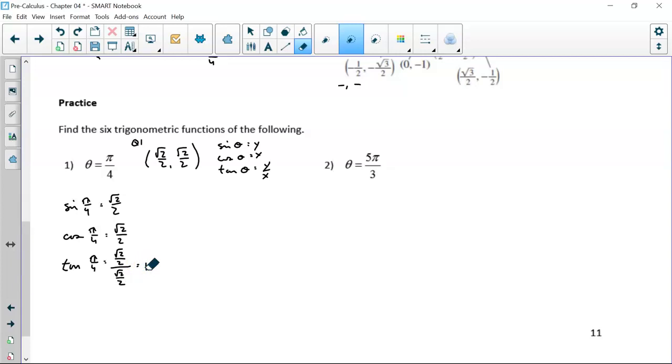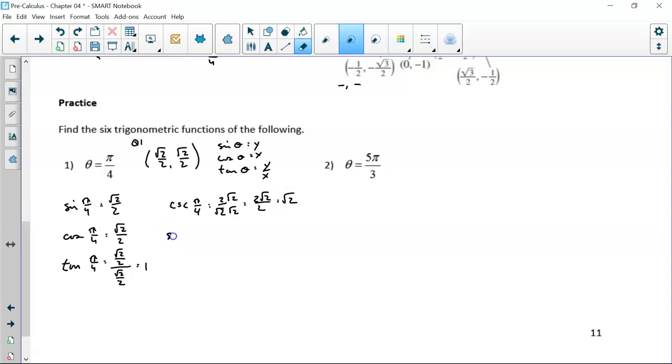Now, my reciprocal functions. The cosecant of pi over 4 is going to be the reciprocal. It's going to be 2 over root 2. Now, we do have to rationalize it by multiplying by root 2 over root 2. So you're going to get 2 root 2 over 2, which is just the square root of 2.